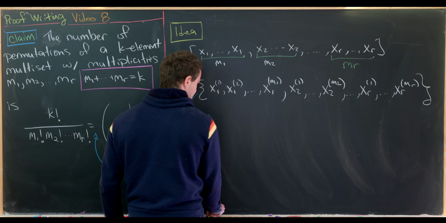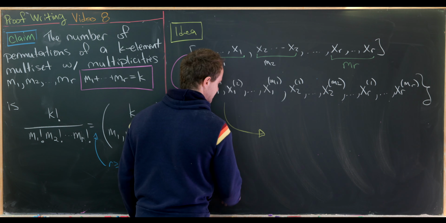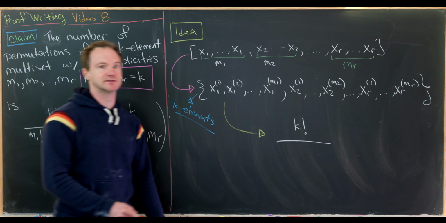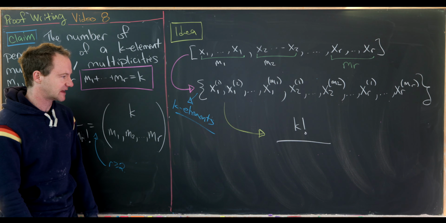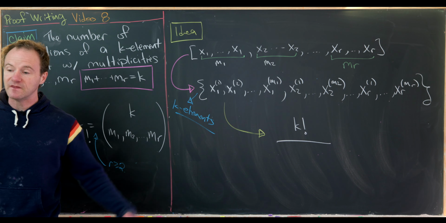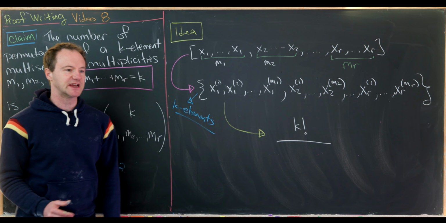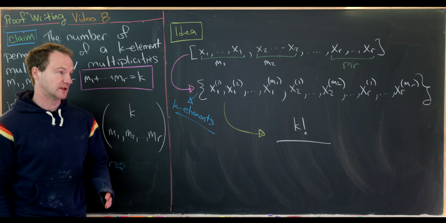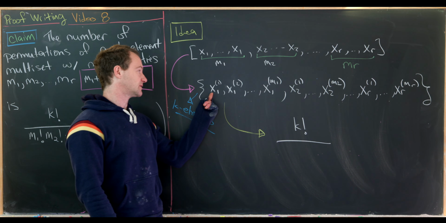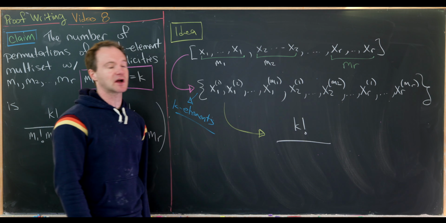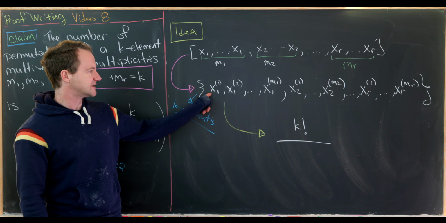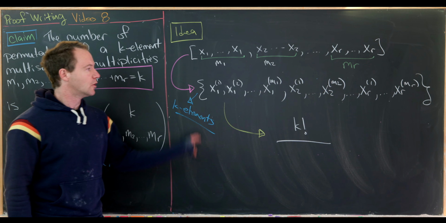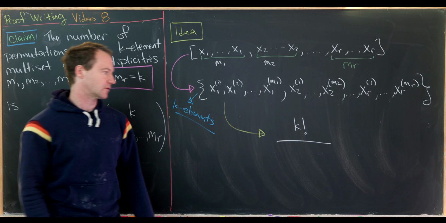And now we count the total number of permutations. So the total number of permutations will be k factorial, because that's the number of k-permutations of a k element set. But then a bunch of those permutations are equivalent to each other. And we can get that equivalence by just permuting each of these different colors. So how many different ways are there to permute all of these different colors of x1? Well, there are m1 factorial different ways.